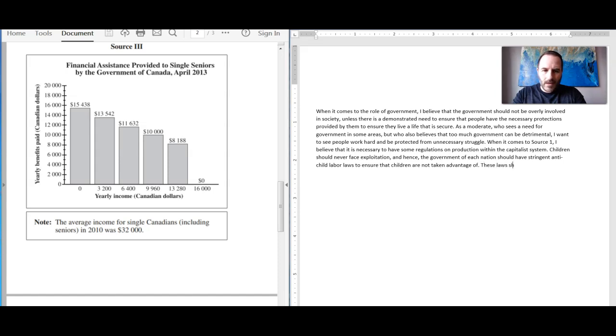These laws should insist that children are in school and learning to ensure they are able to contribute to the best of their ability in the future by gaining the necessary skills and knowledge needed in an economy.